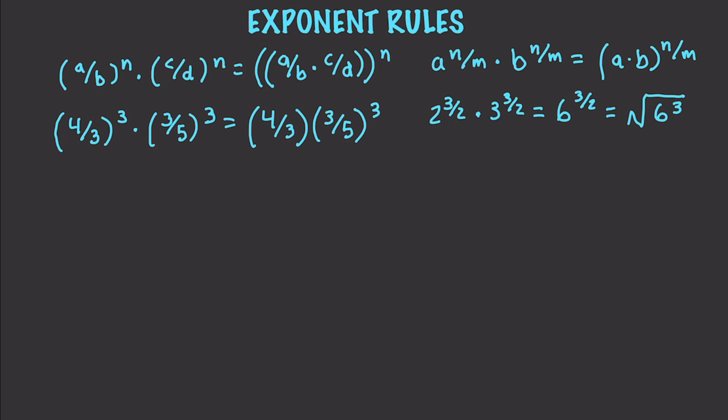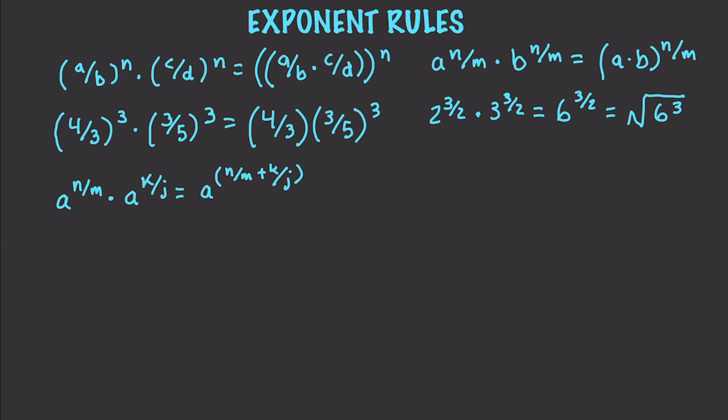Let's say we want to multiply fractional exponents with the same base. And of course, the fractional exponents are different. So this is a to the n over m times a to the k over j. To solve this, this will be a, and then this exponent part will be n over m plus k over j.